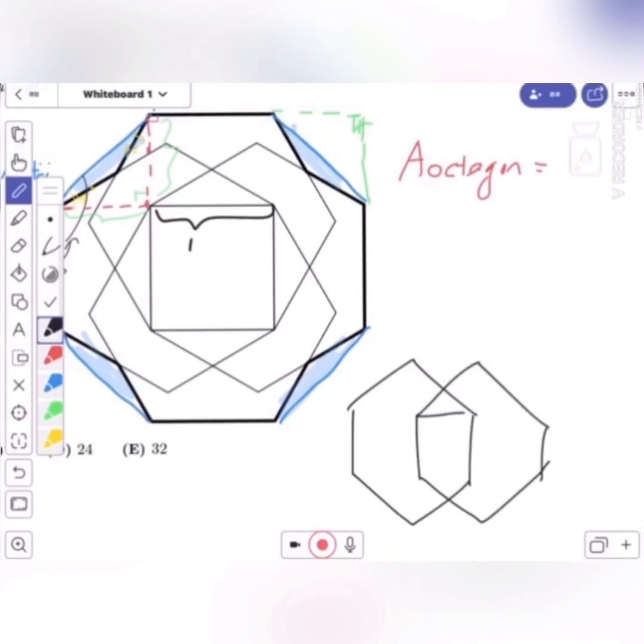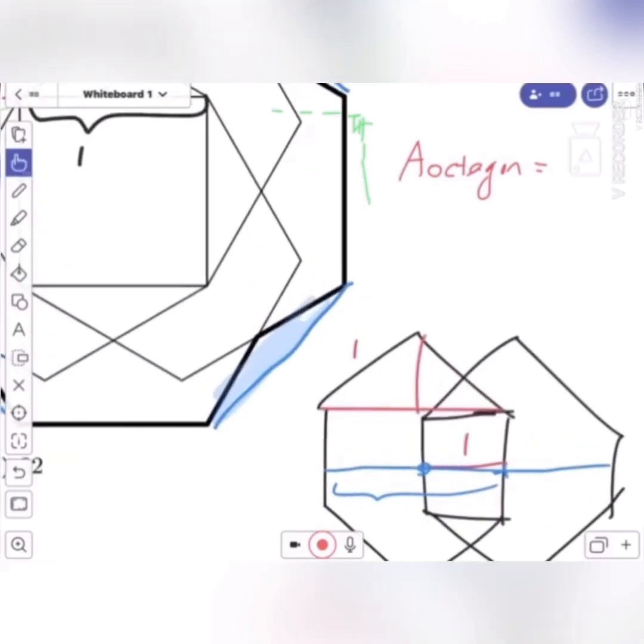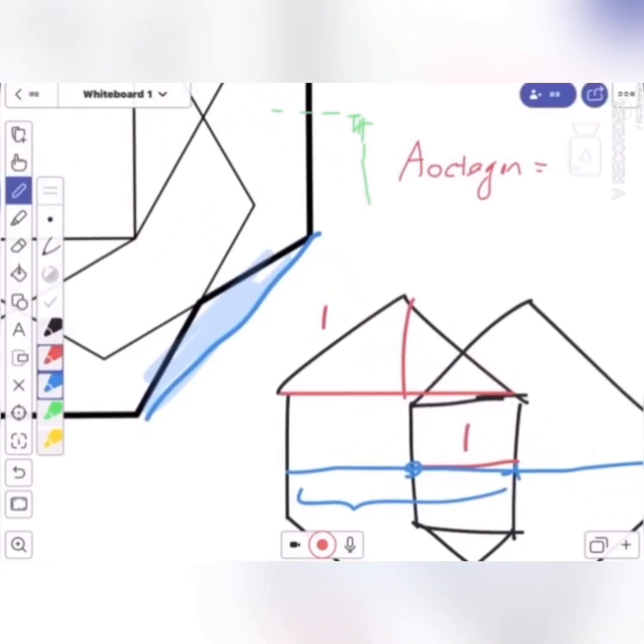And this is a square in the middle. So this one's 1. And this one is pretty easy to calculate. Because the side length of each of these hexagons is 1, then we can just construct a right triangle. We get that the total length is just square root of 3.